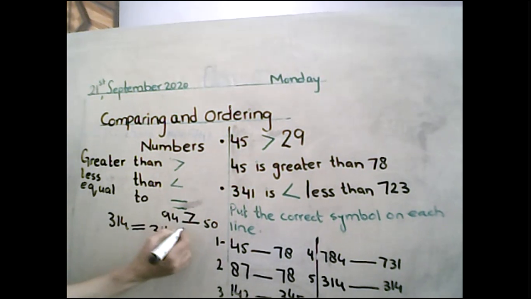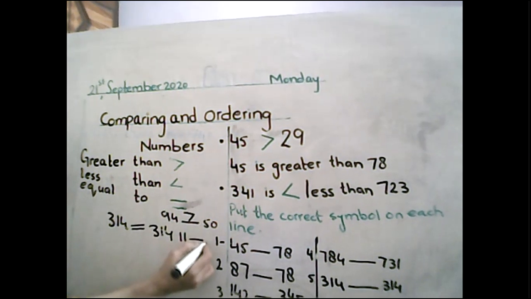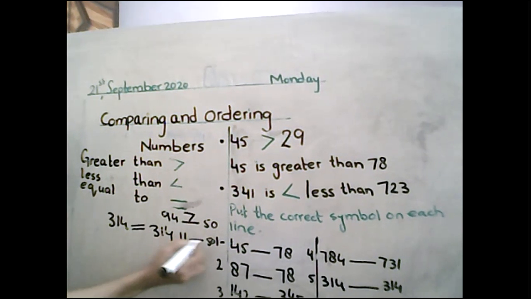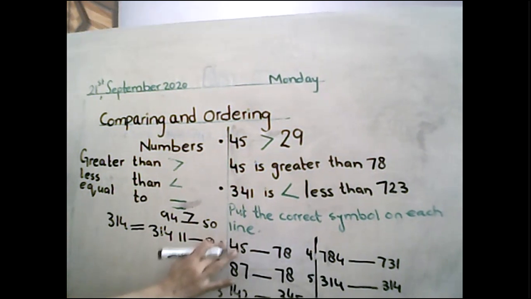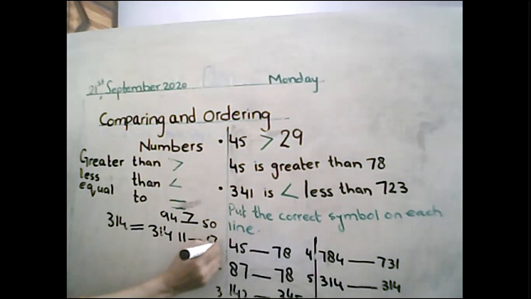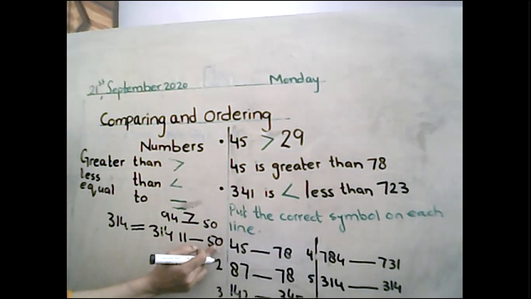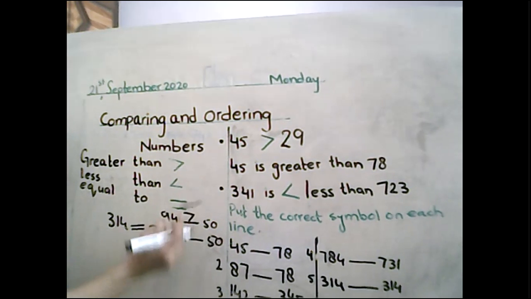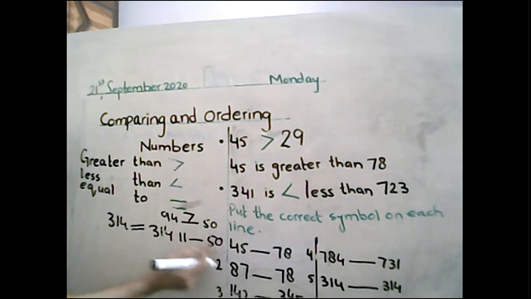If we talk about 11 and 50. So 11 is less than 50. 11 is 1 one, 1 ten, and 50 is 0 ones, 5 tens.